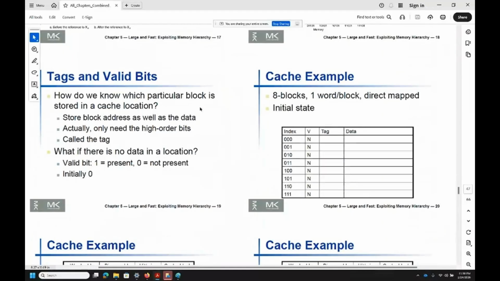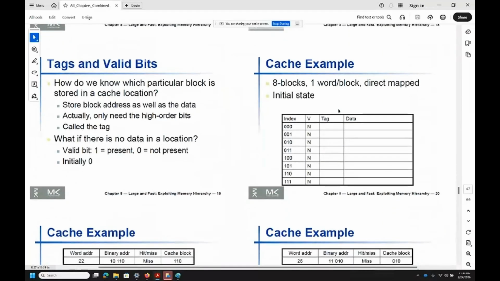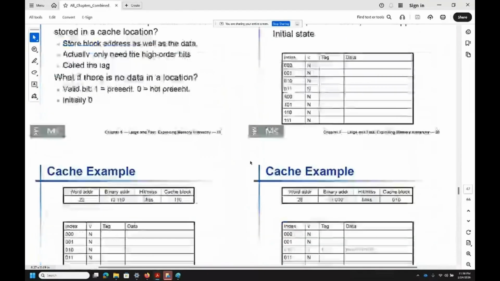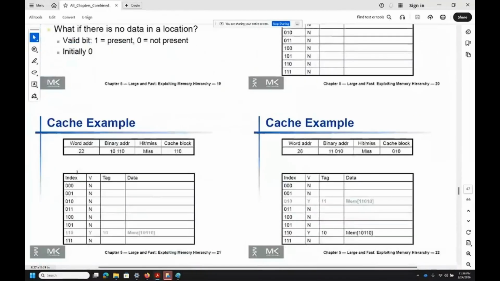So here's an example. You have 8 blocks, which can be 4 bytes each or 2 bytes each, depending on how you choose your word size. Here, let's assume you're storing one word per block, which means just one value per block, in a direct mapped cache. Say your address is 22.